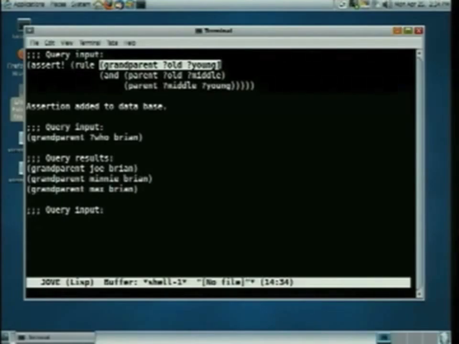Do those match? Yeah, they do. Grandparent matches grandparent. Question mark who matches question mark old. And Brian matches question mark young. Okay? So the query I asked does match the conclusion of the rule.